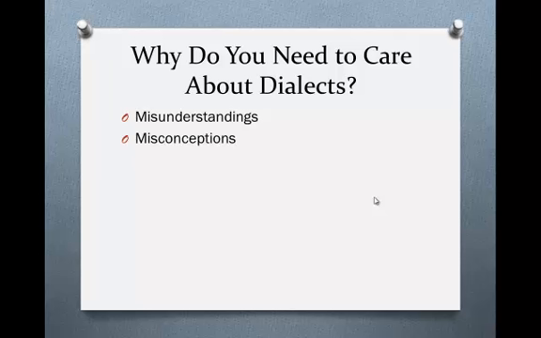People often have misconceptions about dialects as well. For instance, some people feel that those who speak with a southern dialect are slower than those who speak with a northern dialect. And by slower, I don't mean just slower speaking, but I mean slower mentally. Absolutely not the case. Southern people are just as intelligent as northern people. It's just their dialect is different.